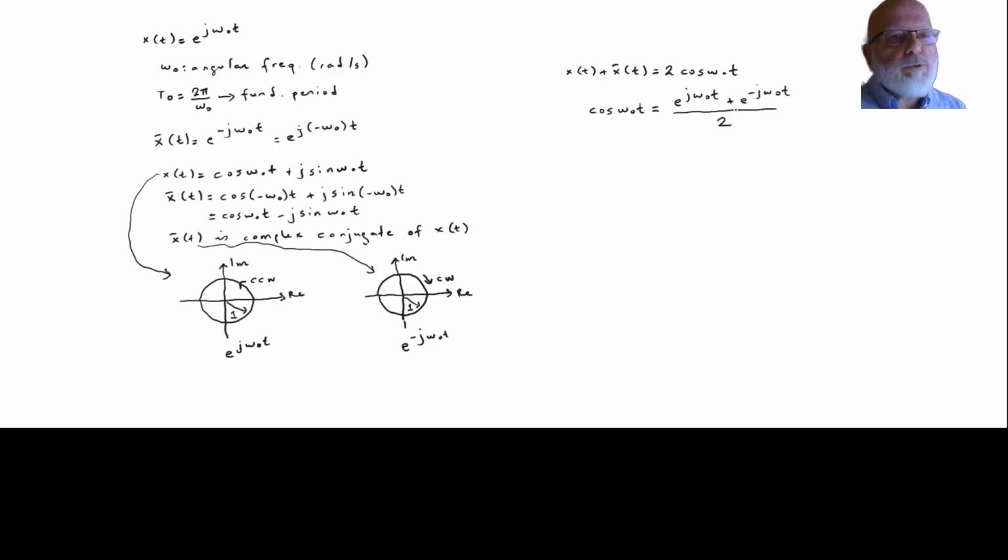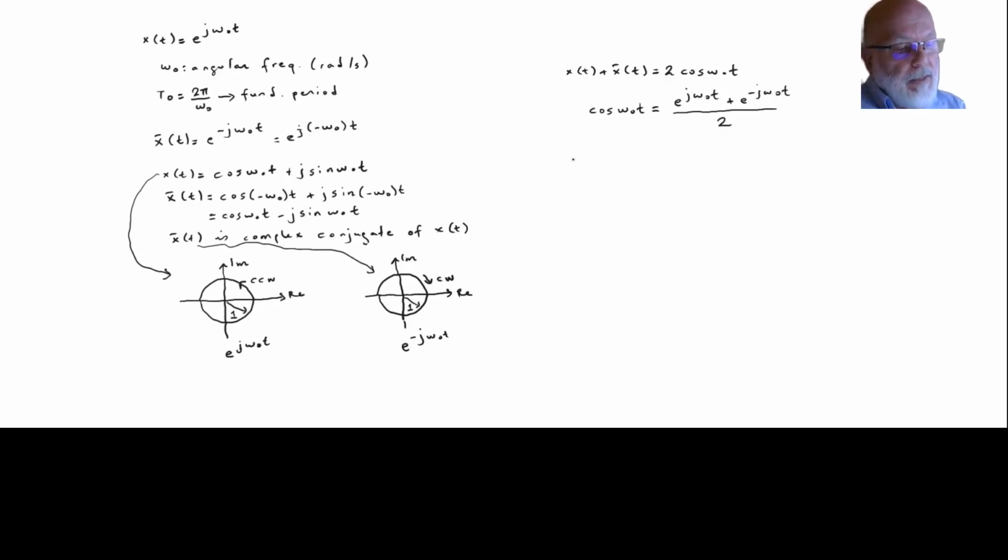We use it to represent arbitrary signals in terms of superpositions of complex exponential signals. So this is the simple case where the real valued cosine signal is represented in terms of e to j omega 0 t and e to minus j omega 0 t as a superposition. The coefficients are 1 over 2 and the frequency components are located at omega 0 and minus omega 0.